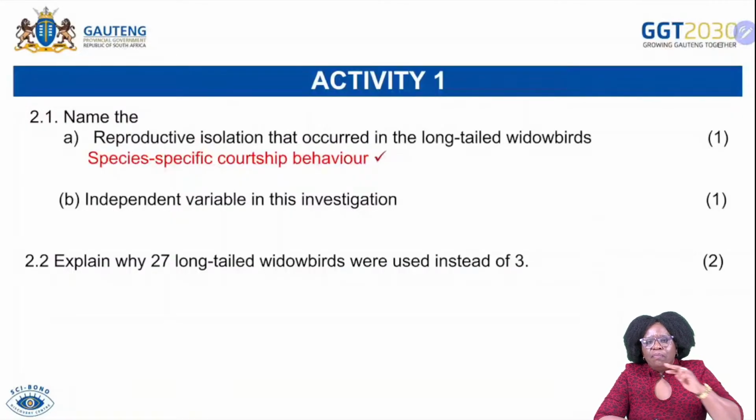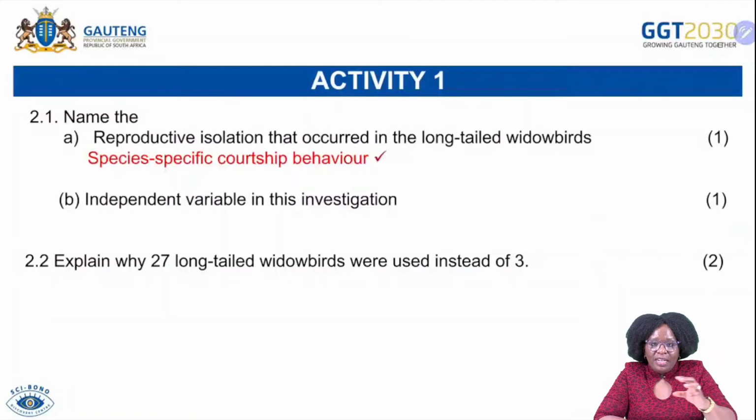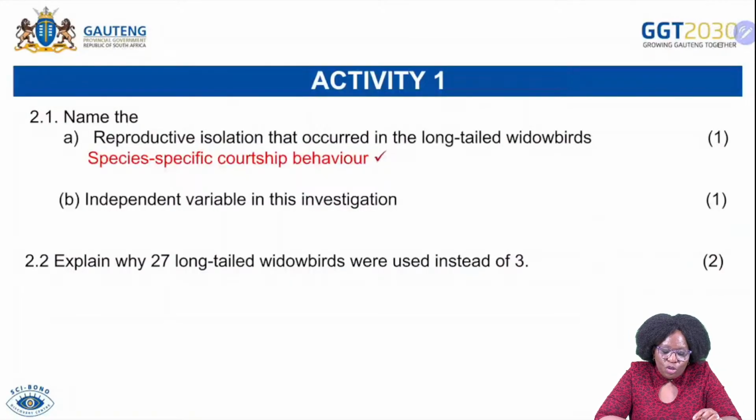Organisms can mate only if they are of the same species and produce fertile offspring. Just remember what we learned in evolution about what a species is: when they can produce fertile offspring. So this reproductive isolation is species-specific courtship behavior. Remember, there are 4 different types that we have learned, but on this one, we are just looking at species-specific courtship behavior.